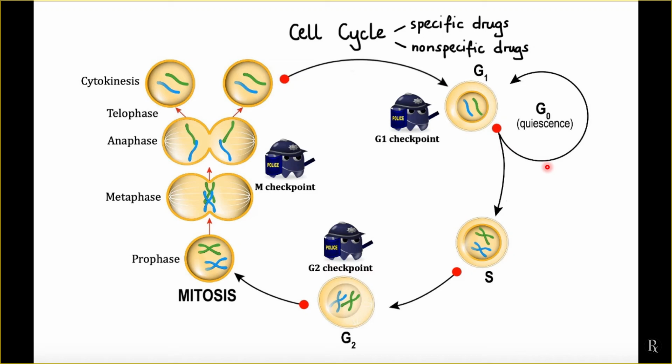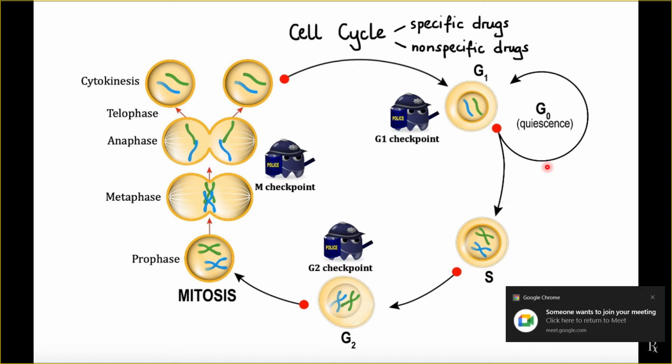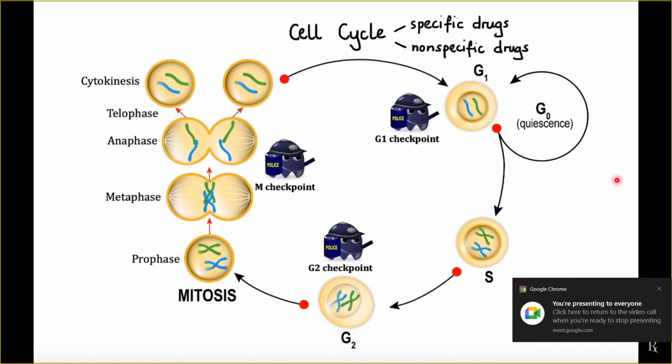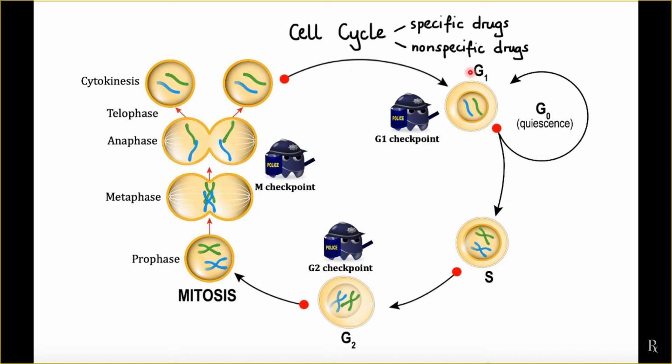So for any cell, there are several phases, and we start from the phase G1. During this phase, a cell will prepare proteins and enzymes required for the cell division and also for the DNA replication.